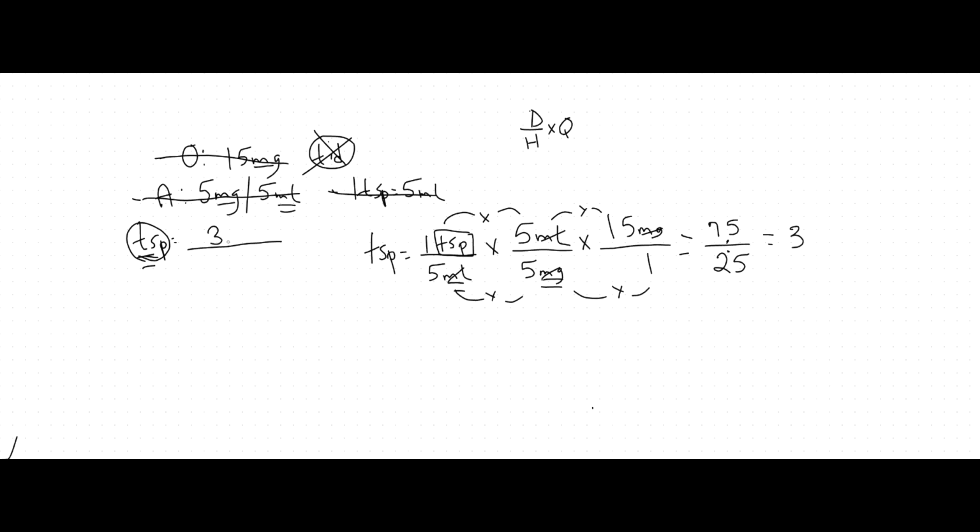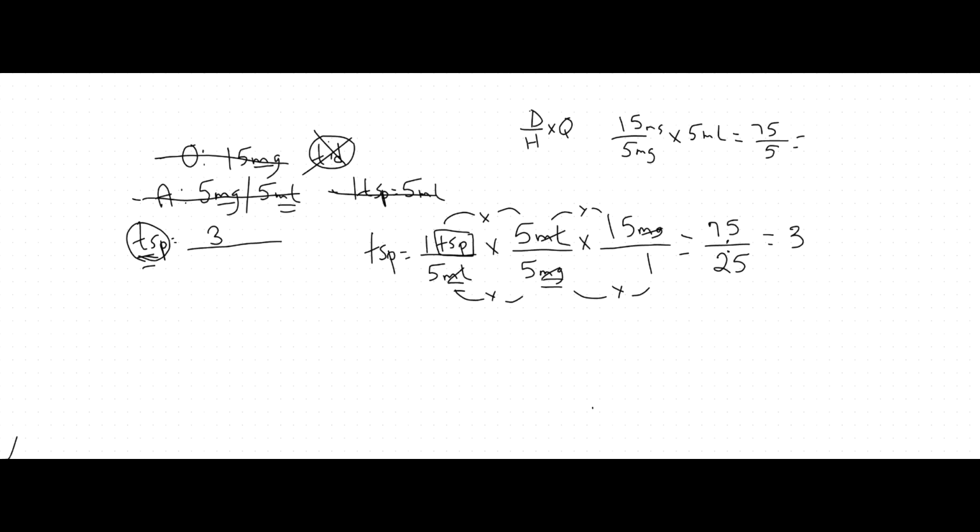Okay. So now if we did the dose over half, it would be 15 over 5 milligrams, 15 times 5 mL, which would be 75. Wait, was it 15 times 5? Yeah, 75 divided by 5 would be 15.